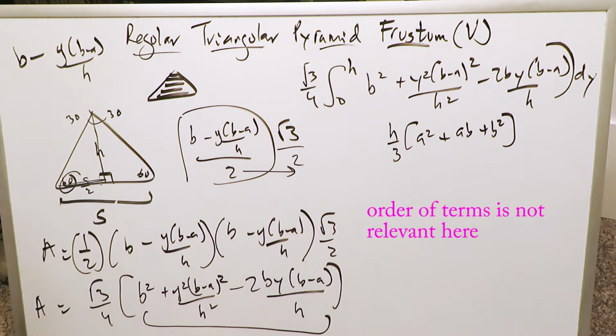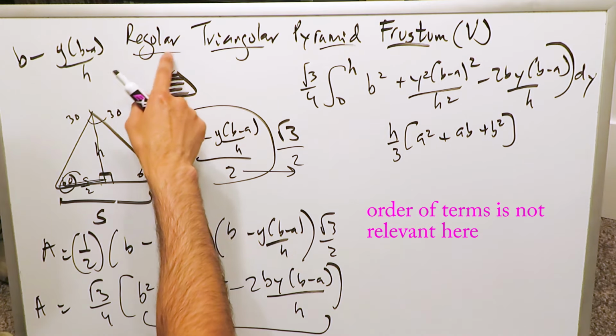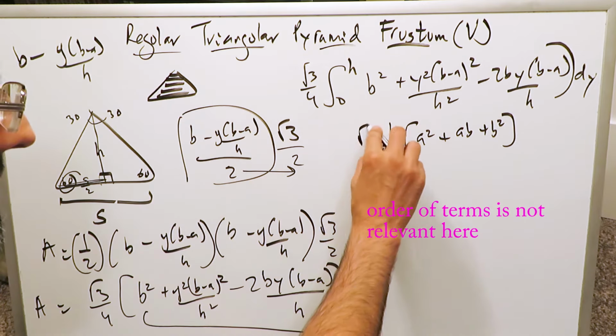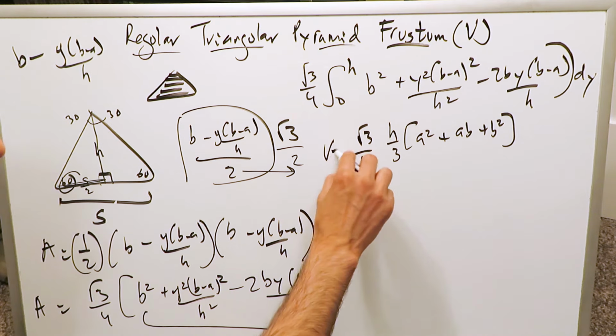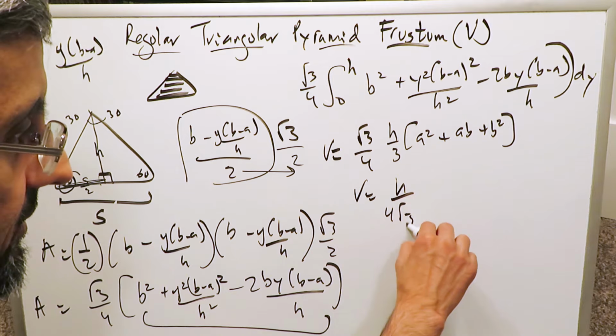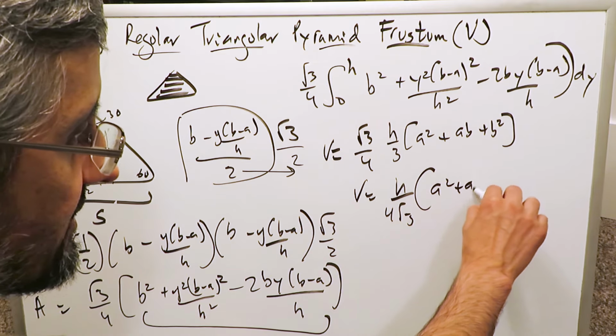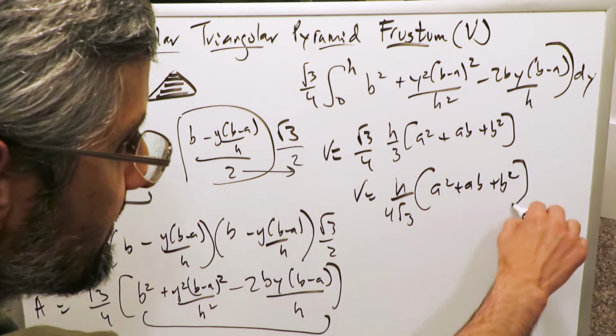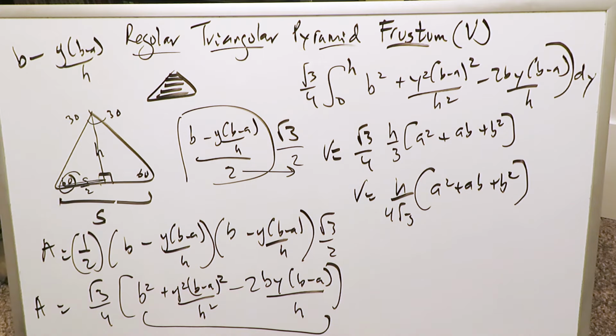That was the volume of a square pyramid frustum. Now when we're talking about a regular triangular pyramid, you have this come on top of it, and the volume is equal to h over 4 root 3 times a square plus ab plus b square, and this represents the volume of a regular triangular pyramid frustum.